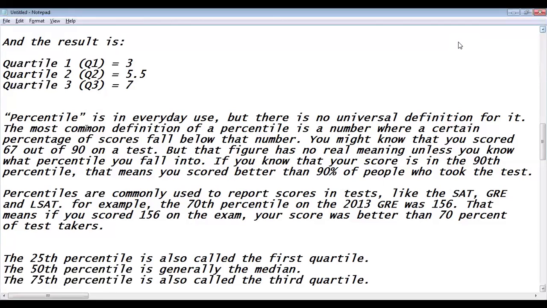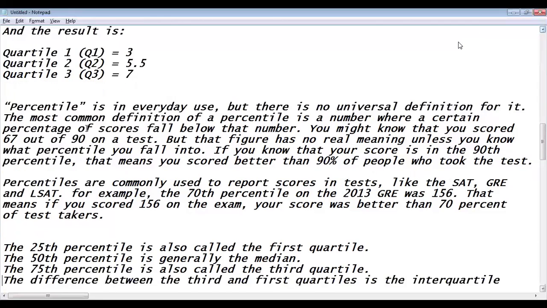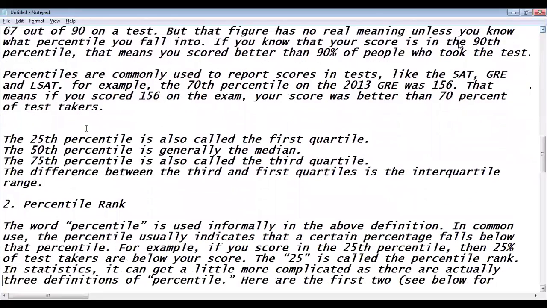All right. So percentile is for the individual data. It splits out of 100%. Then percentile rank. The word percentile is used informally in the above definition. In common use, percentile usually indicates that a certain percentage falls below that percentile.